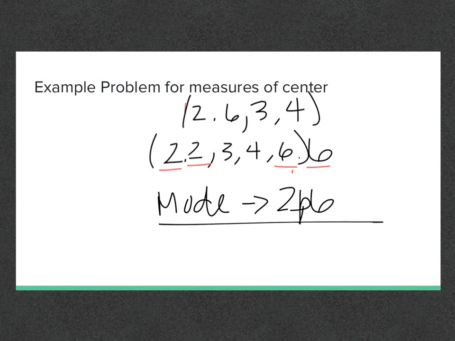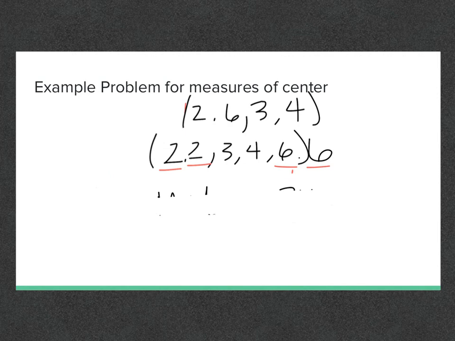And then if I wanted to calculate my range, I most certainly could do that. I would take my highest value, which would be 6 here, and subtract my lowest value over here, and 6 minus 2 would be 4, and 4 is going to be my range.